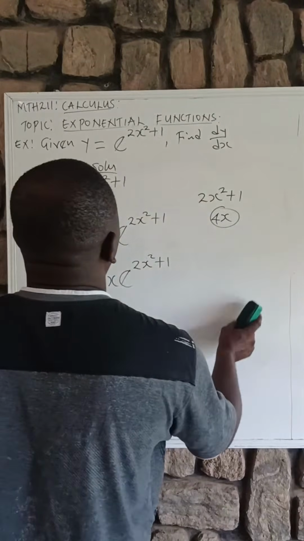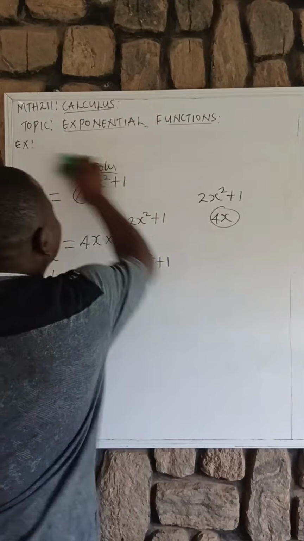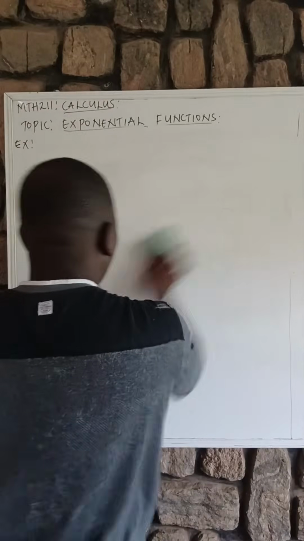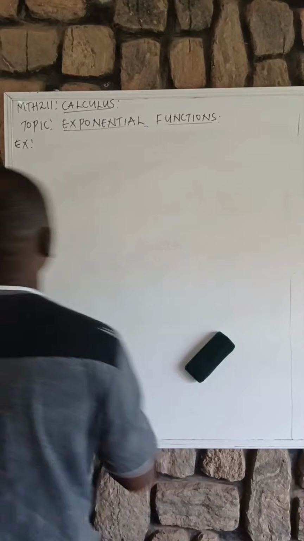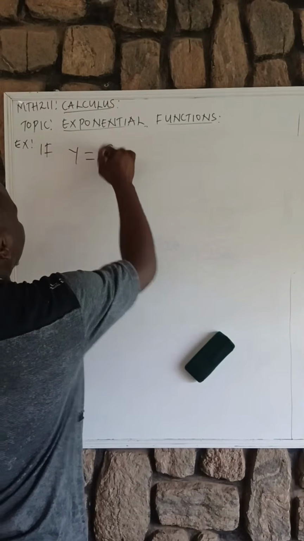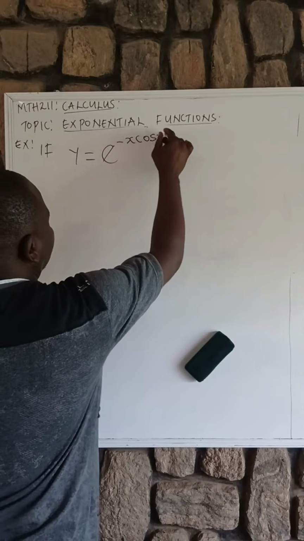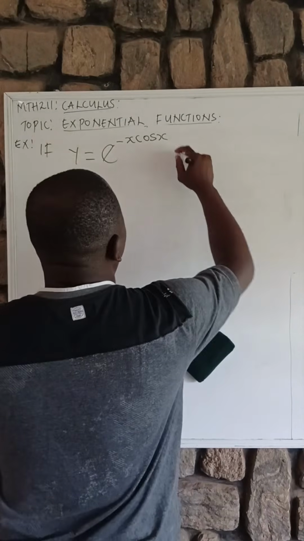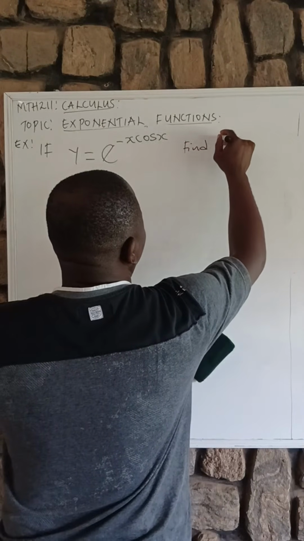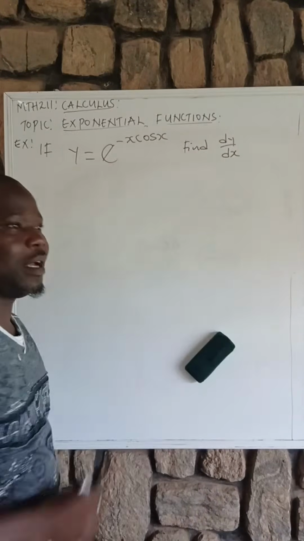Let's look at this. If y equals e to the power of minus x cos x, find dy over dx.